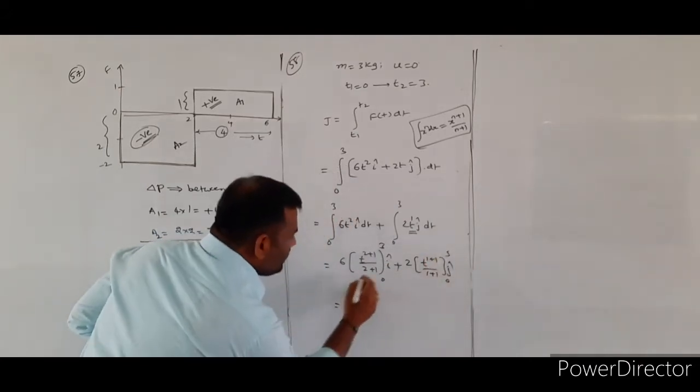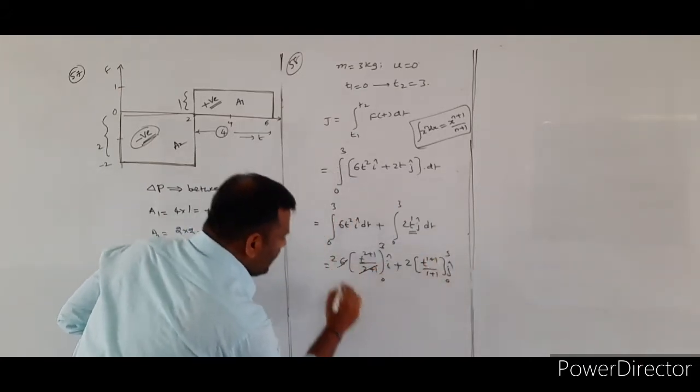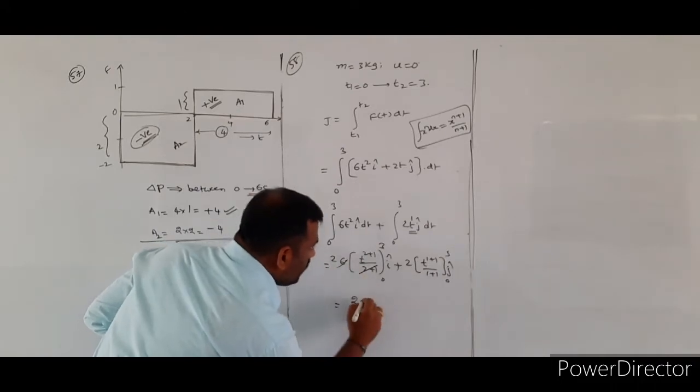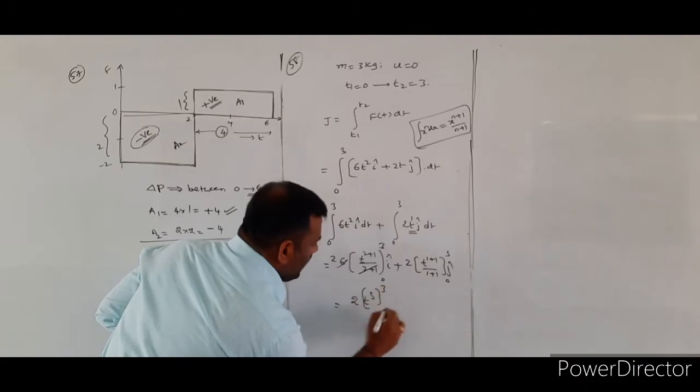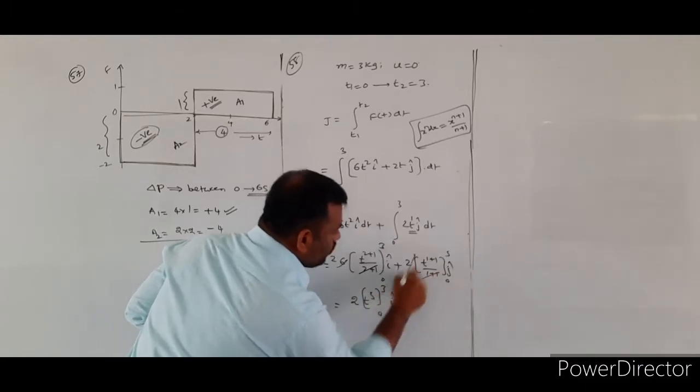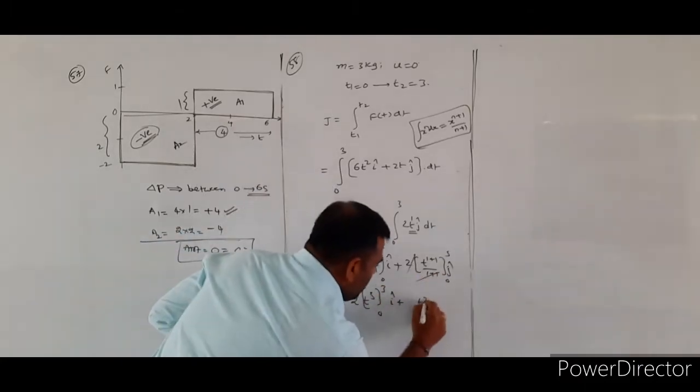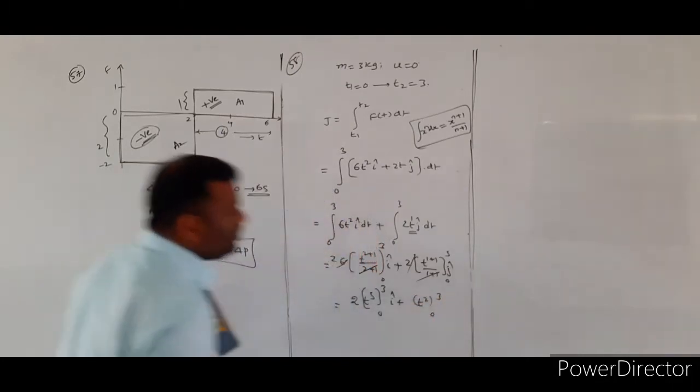Here 3 twos are 6, so this value is 2t³ with limits 0 to 3 i cap plus, the 2 gets cancelled, t² with limits 0 to 3 j cap.